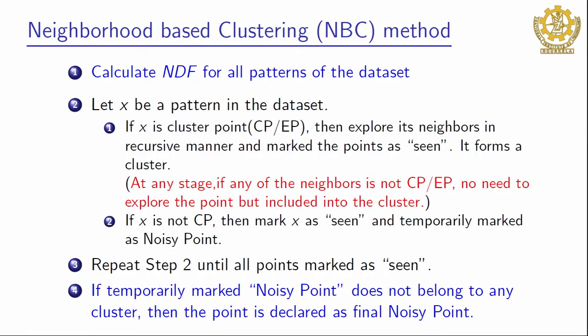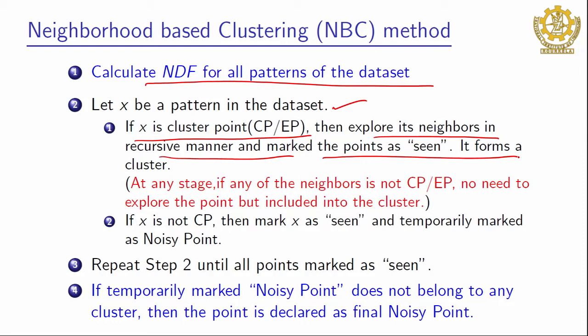Now, how will NBC work? Calculate the NDF of all patterns of the data set. If x is in the data set and x is a core point or an event point, then we explore its neighbors in a recursive manner, mark the point as seen, and it will form a cluster. This is similar to DBSCAN, only the core point definition has been changed here.